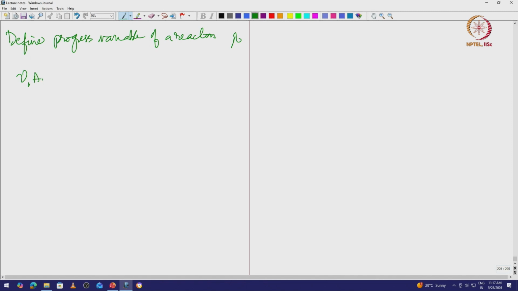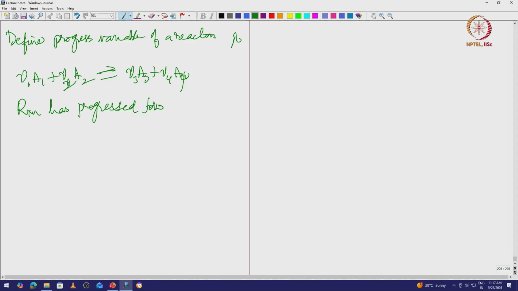So nu_1 A_1 plus nu_2 A_2 gives rise to nu_3 A_3 plus nu_4 A_4. So what do I mean by saying the reaction has progressed forward by progress variable lambda?